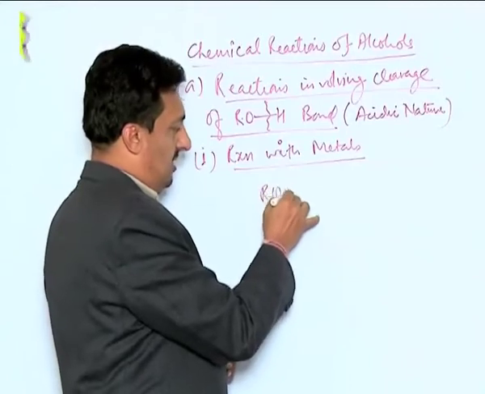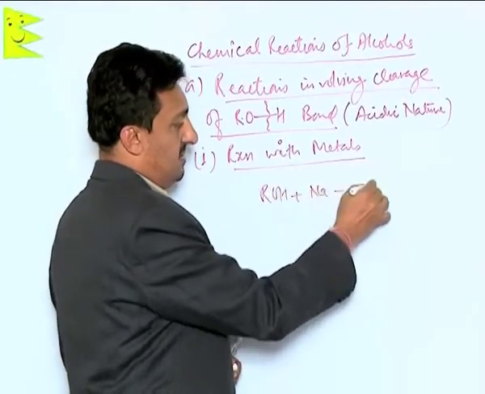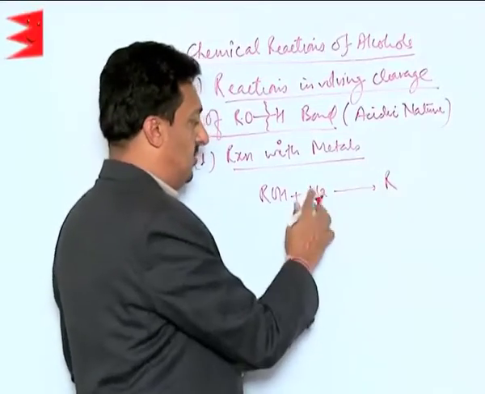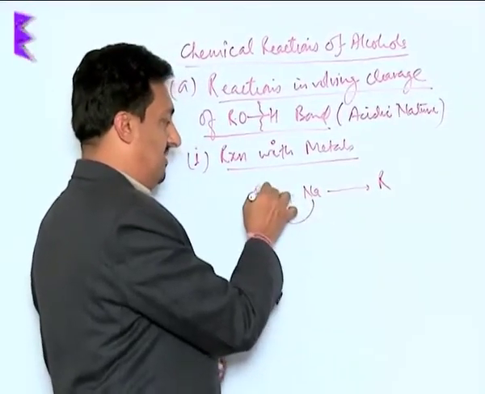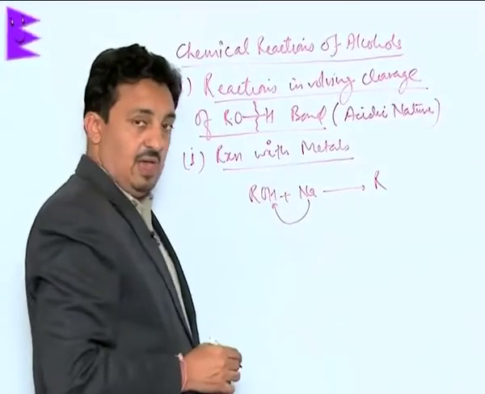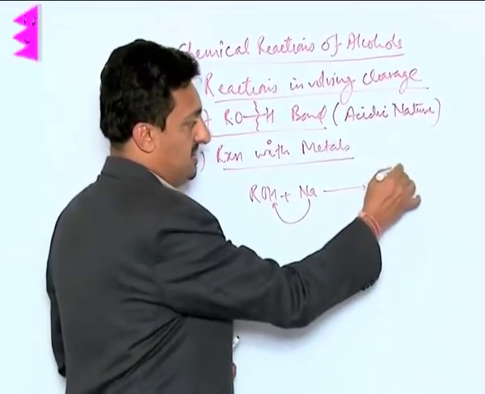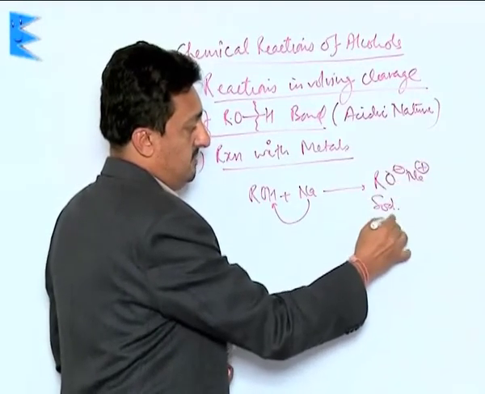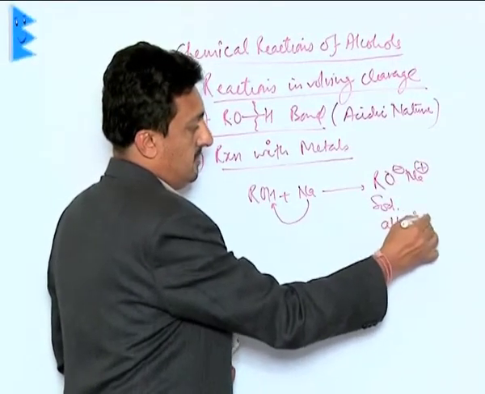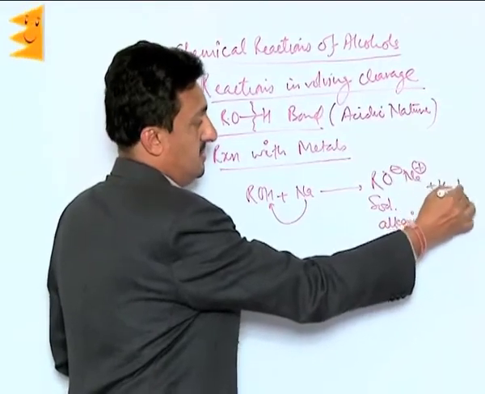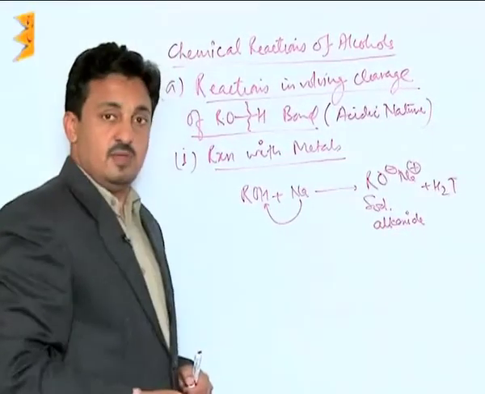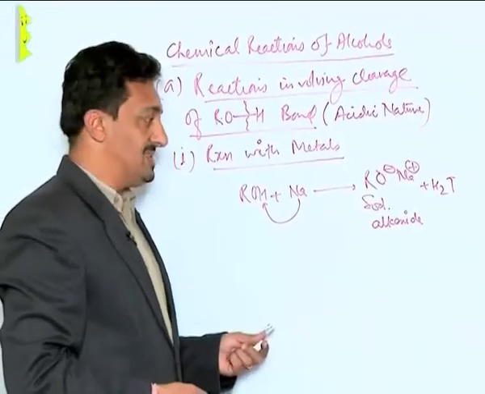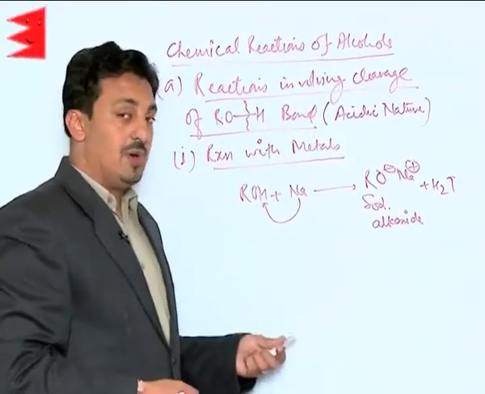When any alcohol is reacted with a metal like sodium, sodium, being more electropositive, replaces the hydrogen of the alcohol, and what we get is sodium alkoxide and hydrogen. This hydrogen is given out with a popping sound, and it is also taken as one of the tests to check the presence of the OH group.